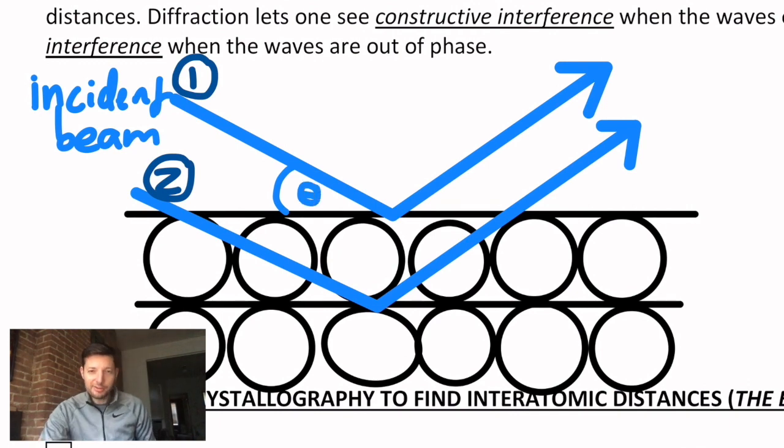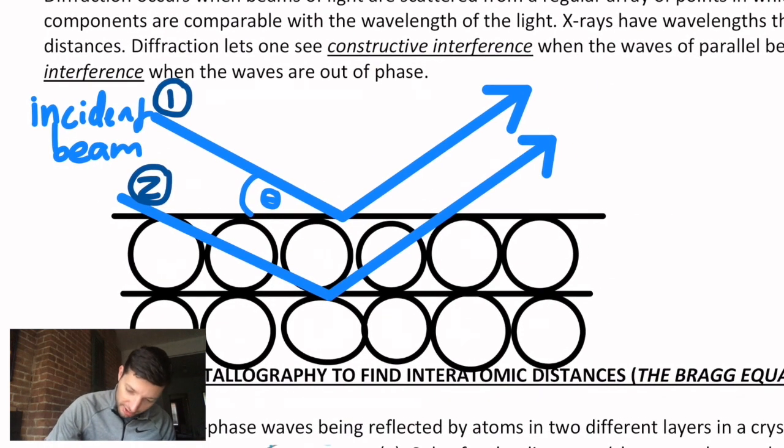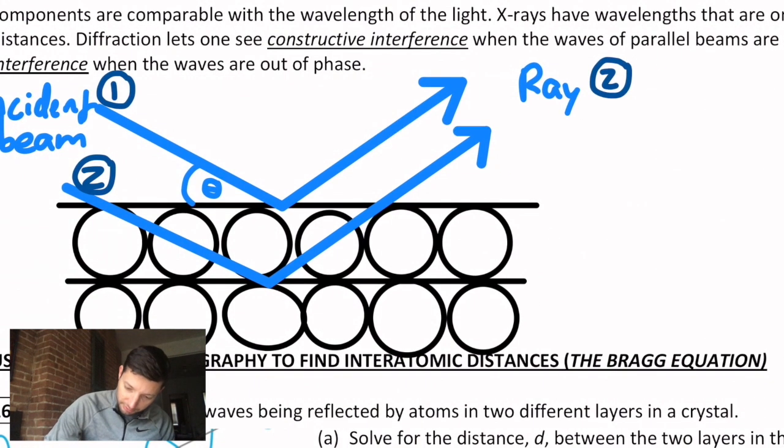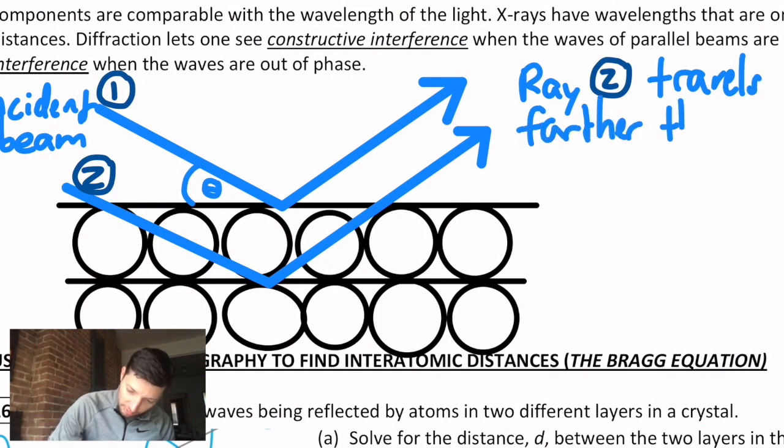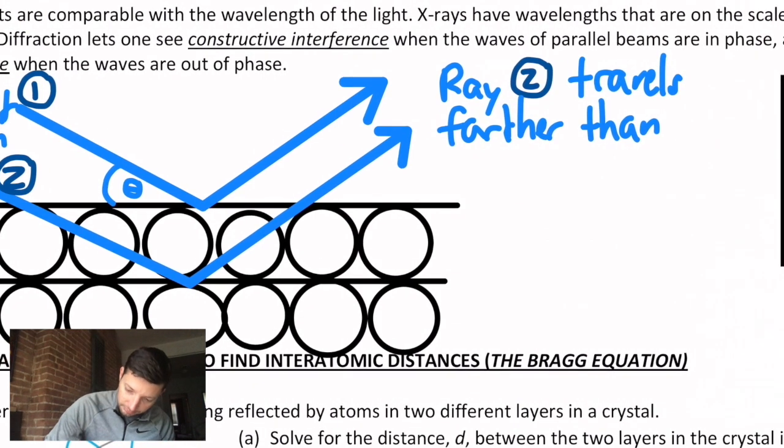Now, ray 2, you can tell, is traveling farther than ray 1. It's actually penetrating that first plane on top and being reflected off of the second plane. So, ray 2 travels farther than ray 1.